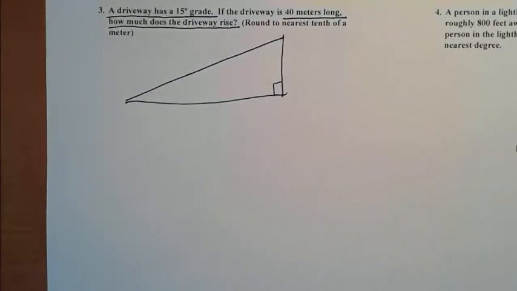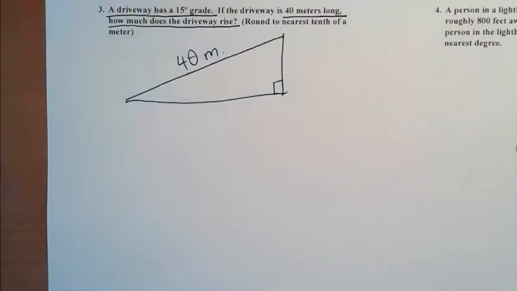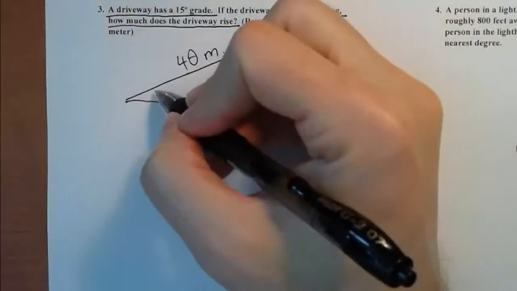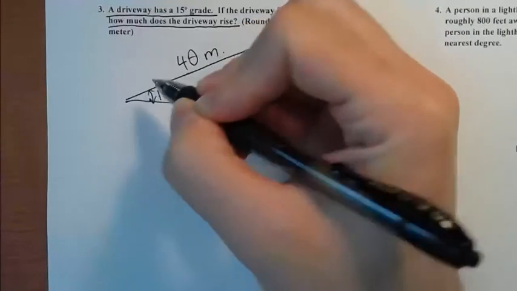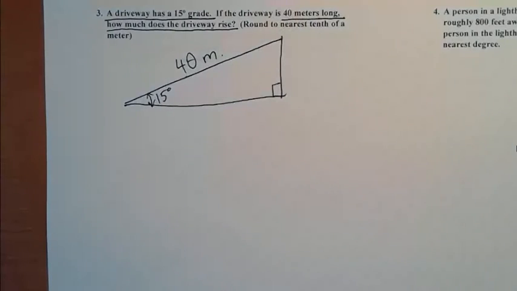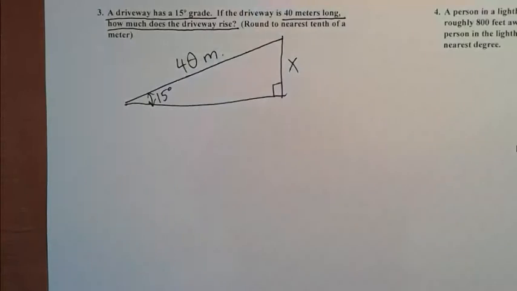We know that the driveway itself is 40 meters along the road, and we have a 15-degree grade, which is kind of what percent grade the hillside or the driveway is in this case. And we are looking for how much it rises, which would be the x value on the other side, and that's going to be in meters too.